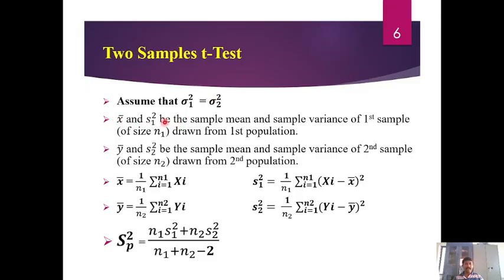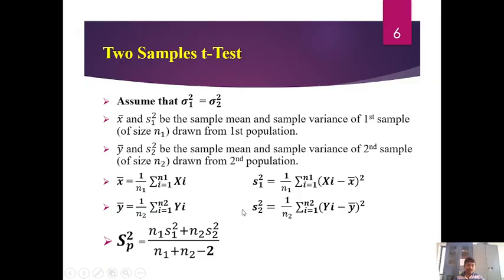Let x bar and s1 square be the sample mean and sample variance of the first sample drawn from first population, and y bar and s2 square be the sample mean and sample variance of second sample drawn from second population. X bar, y bar, s1 square, s2 square are calculated by using these formulas.